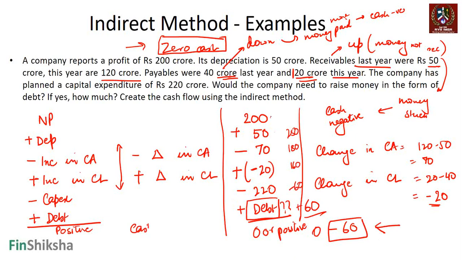If the company had a beginning cash, then you can use that as well, in which case they may not need the debt. Here we are assuming that there is no beginning cash and hence the company will have to raise some debt, right? That's basically how we go about solving this kind of question.